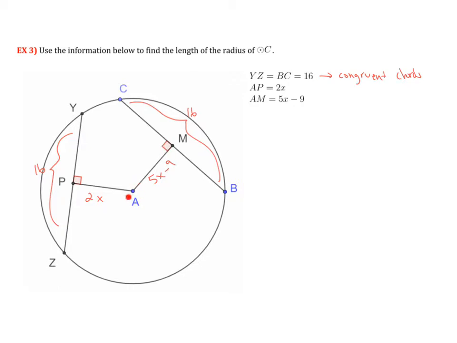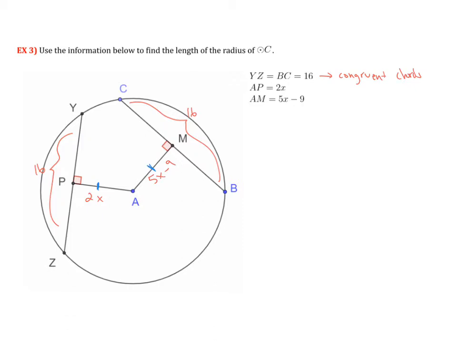And because they intersect with the center, these segments represent the distance. And because the chords are congruent, this tells me that my two distances must also be congruent.